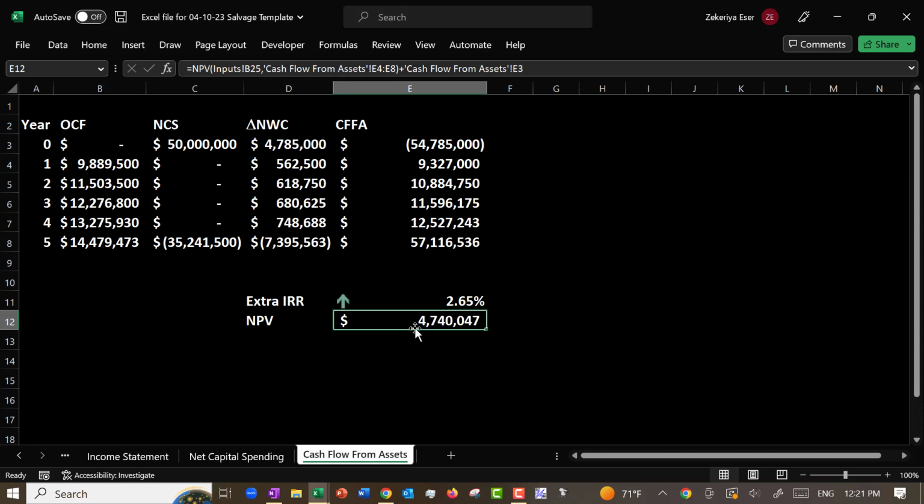If you want to do another format, you can do it. I'll leave it to you guys. So this has a $4.7 million in net present value, which means we should go ahead and accept it.